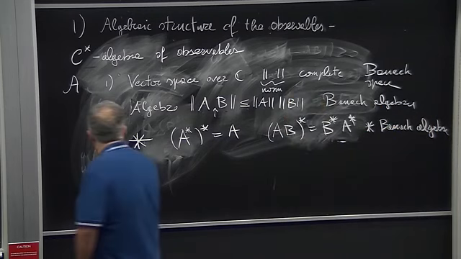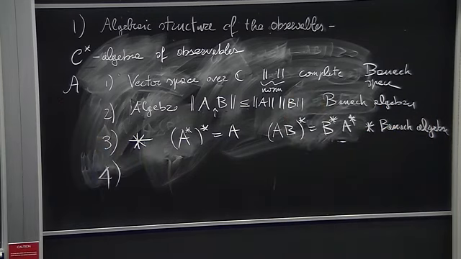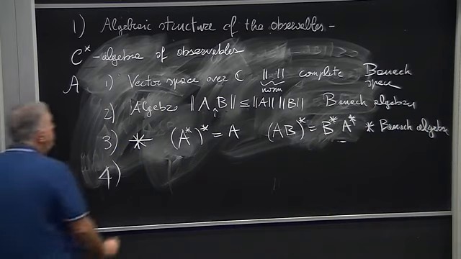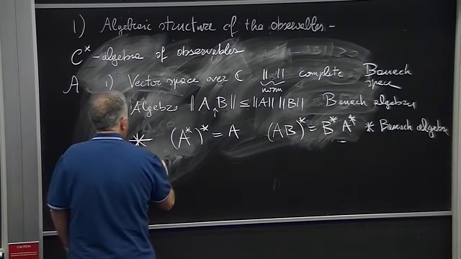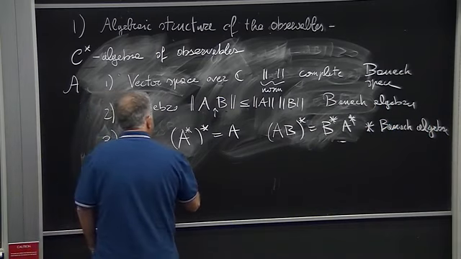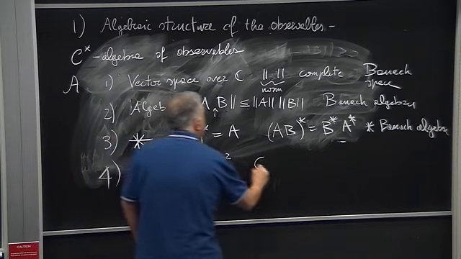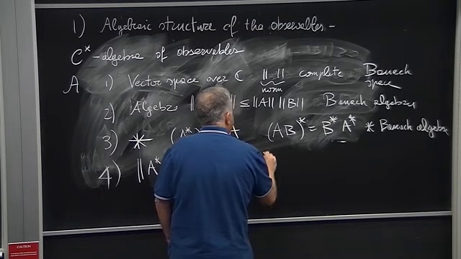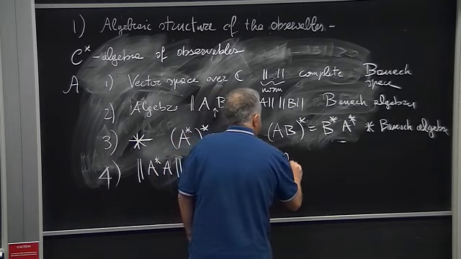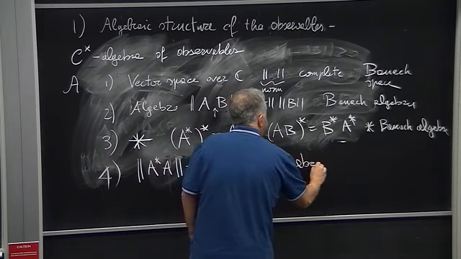And the characteristic property is the C-star property, which tells you that the norm of A star A equals the norm of A squared. This seems a mild thing, but it is a strong restriction on the structure.